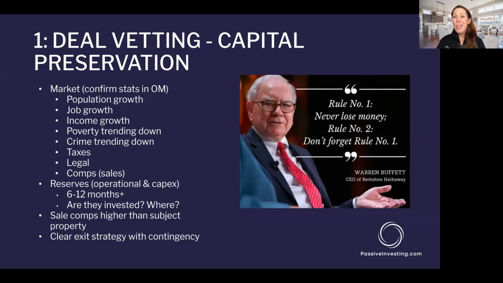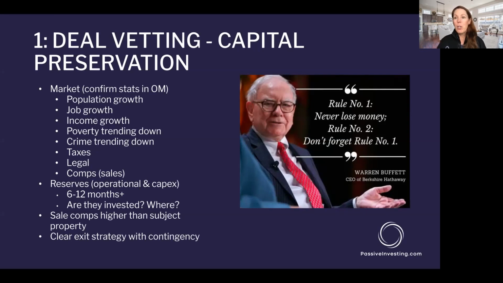I also want to look at the comparable sales. In an offering memorandum, the operator is going to share comparable sales with you. I want to see at least one, if not 2 comparable sales higher than the subject property that is being invested in. That tells me we're not the top dog in the market. There's a little bit of room for growth.